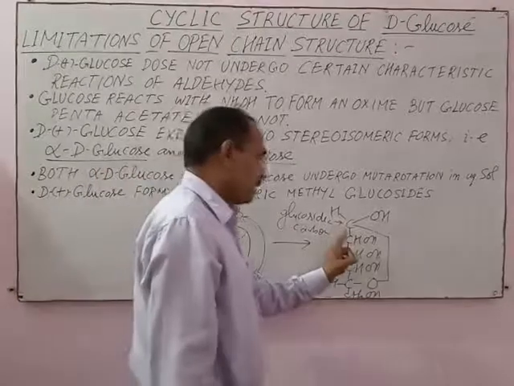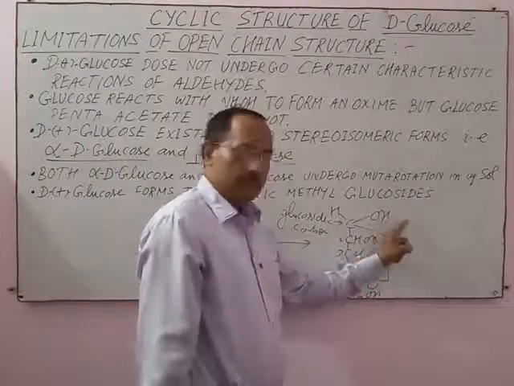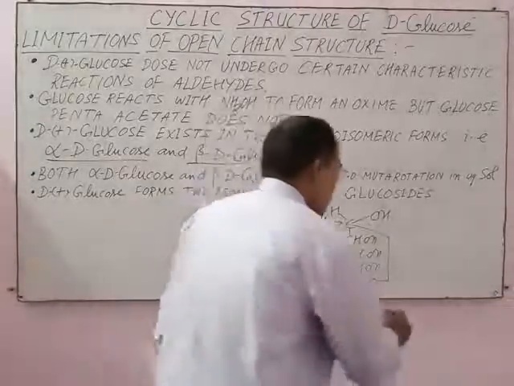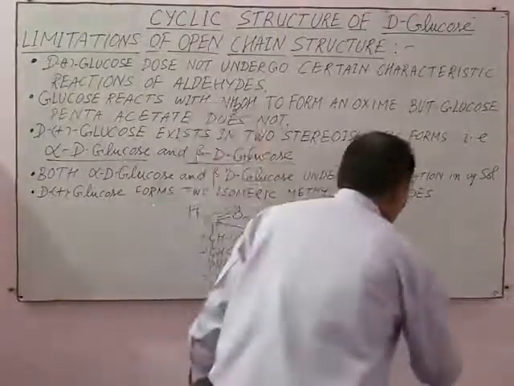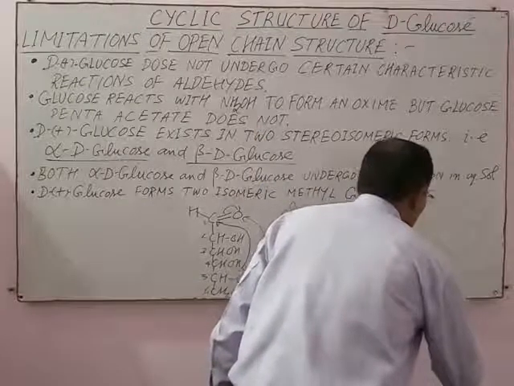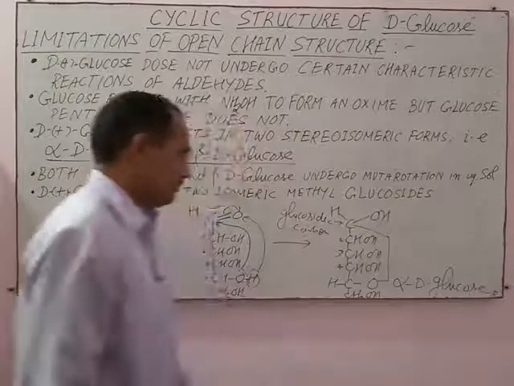At the glycosidic carbon, when the OH group is present on the right side, it is called the alpha isomer, which means alpha D plus glucose, alpha D glucose. This is alpha D glucose.